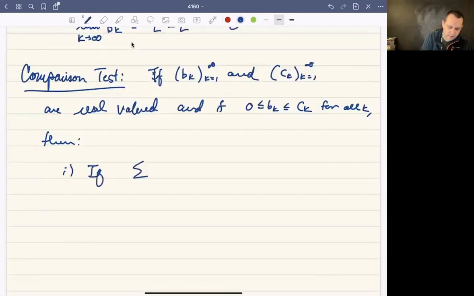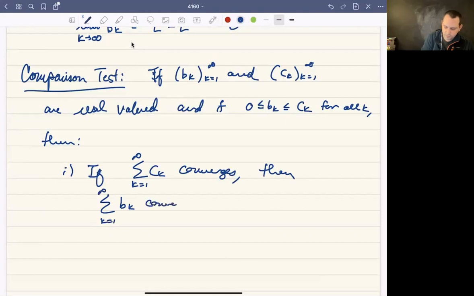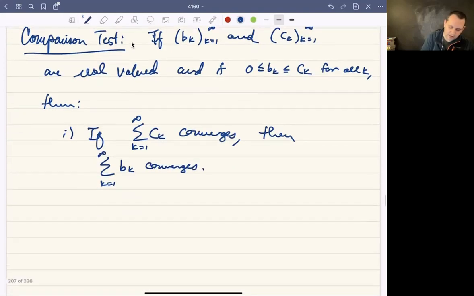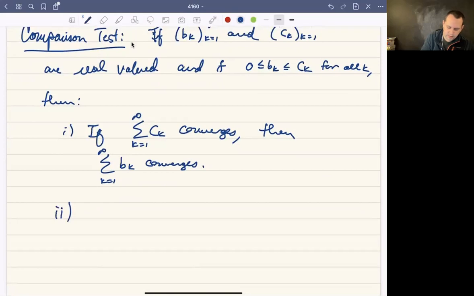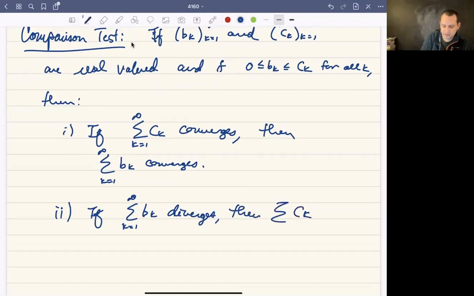If the sum of c sub k converges, then the other sum converges. The one that's less than or equal to that also converges. And on the other hand, if the sum of b sub k diverges, then the sum of c sub k, the larger one, also diverges.